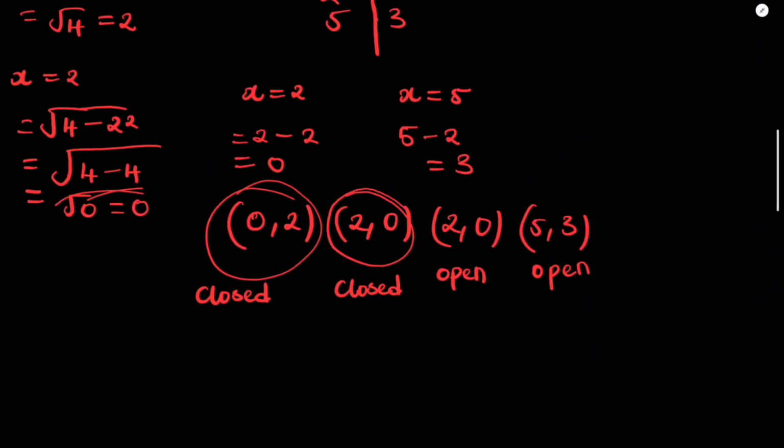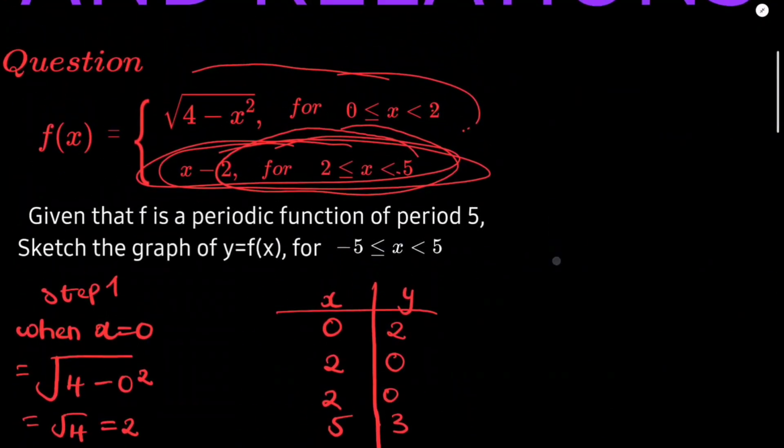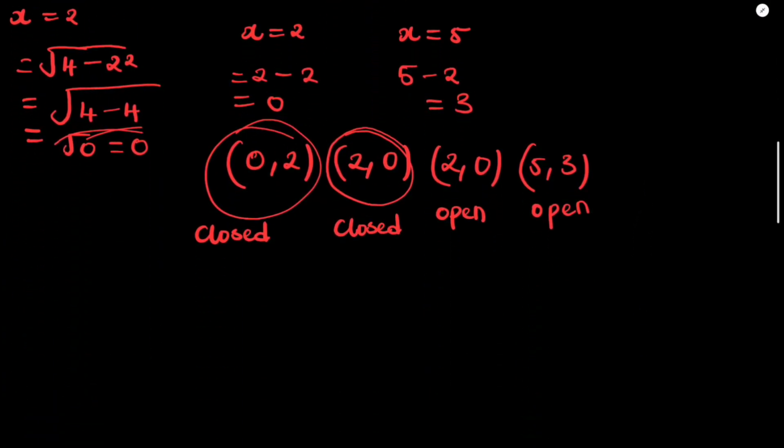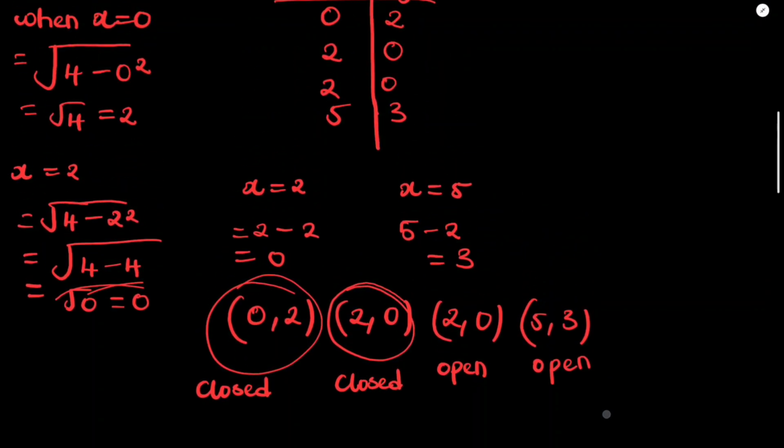Remember, to get our coordinates, we have been given ranges for values of x and we need our y. So we just get them from the respective functions, and to draw the graph we need to determine which coordinate is open, which is closed, and so on. And that is how we solve this question.